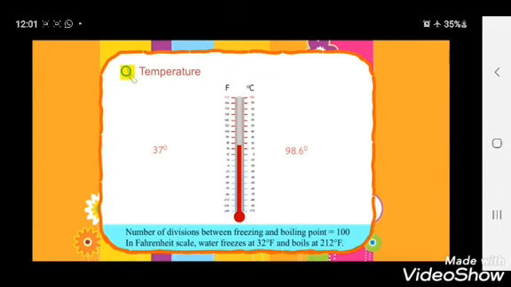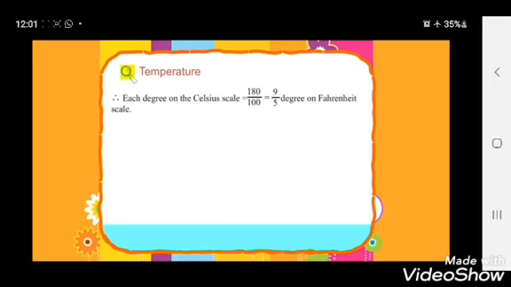In the Fahrenheit scale, water freezes at 32 degrees and boils at 212 degrees. The difference equals 180. Therefore, each degree on the Celsius scale equals 180 upon 100 equals 9 upon 5 degrees on the Fahrenheit scale.